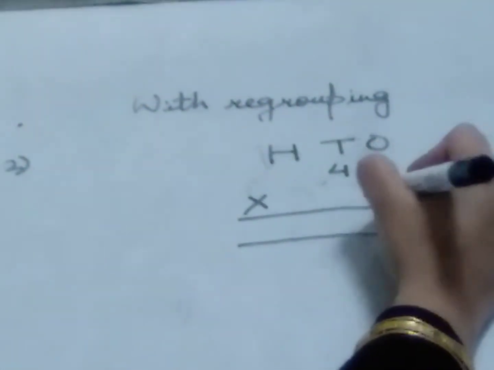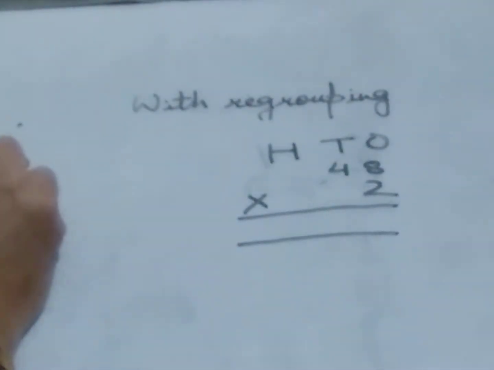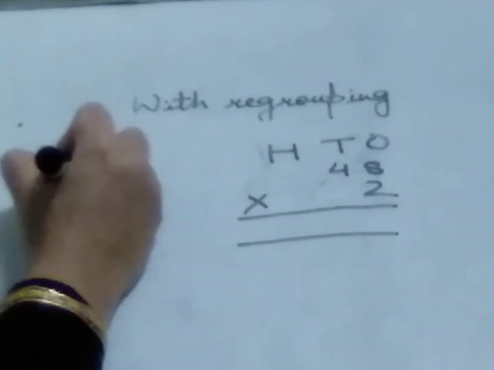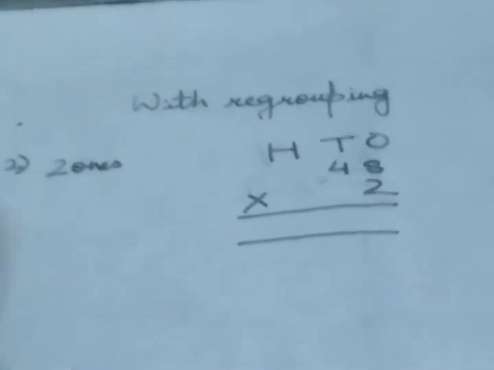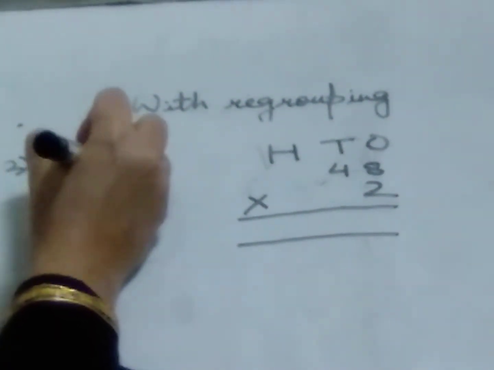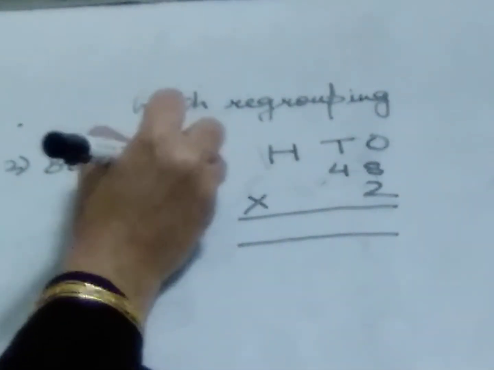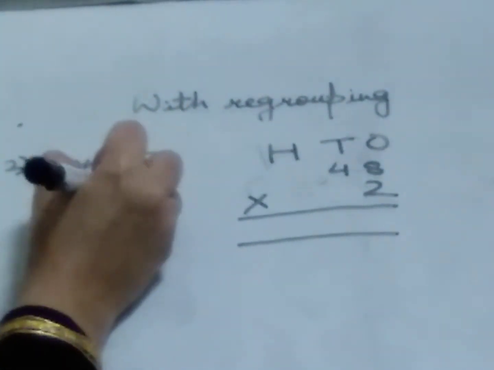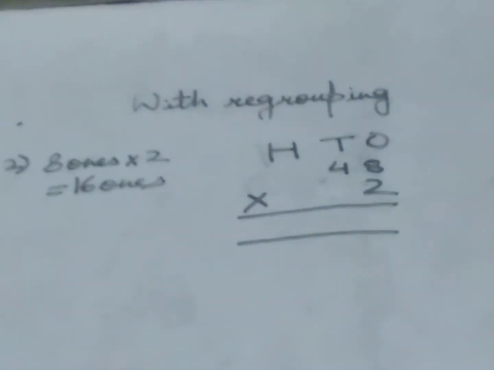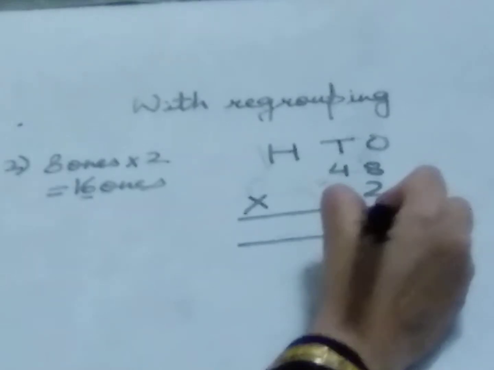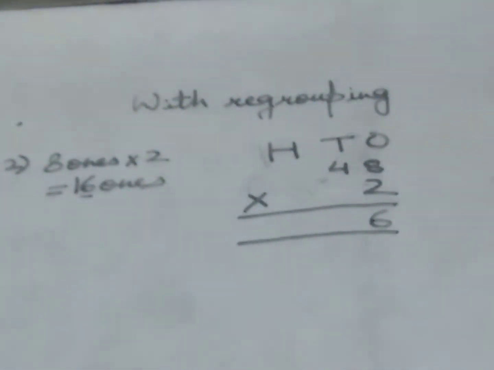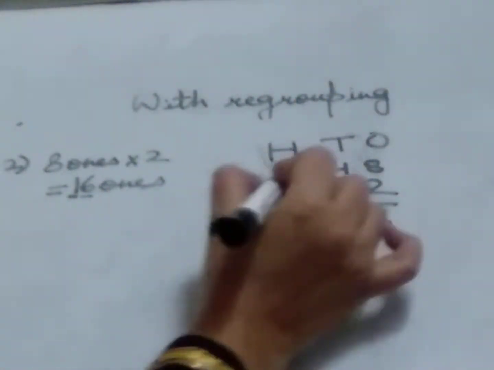Again multiply the ones first, which is 8 ones multiplied by 2 gives us 16 ones. Write this 6 in the ones column and carry 1 ten to the tens column.